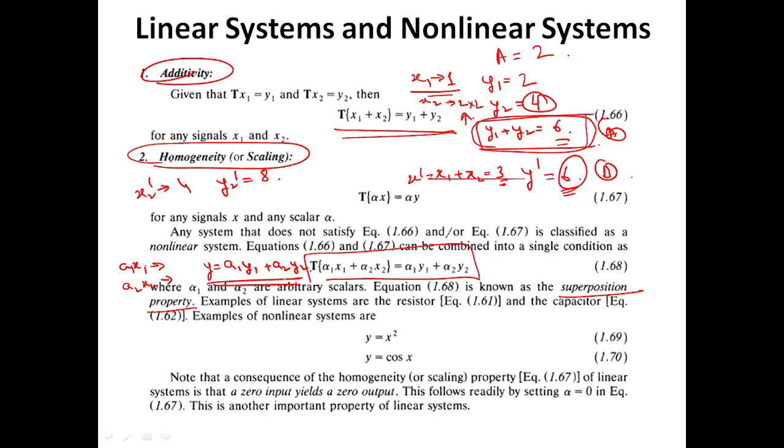Are you getting my point? यहाँ से आपको पता चल गया होगा? If you have understood the additivity and the homogeneity, then it should not be a problem for the superposition property. Any doubt? कुछ blank faces दिख रहे हैं? Okay? Done? Okay, very good.